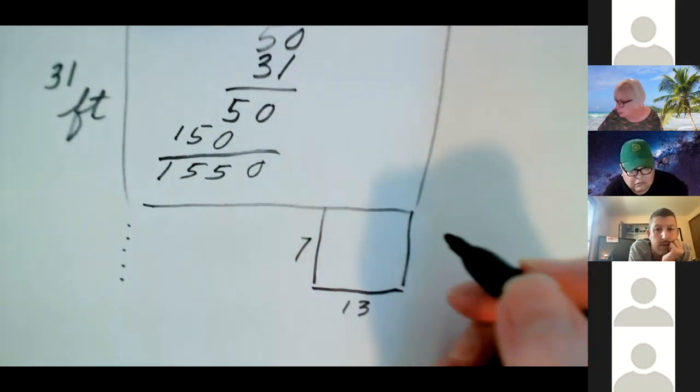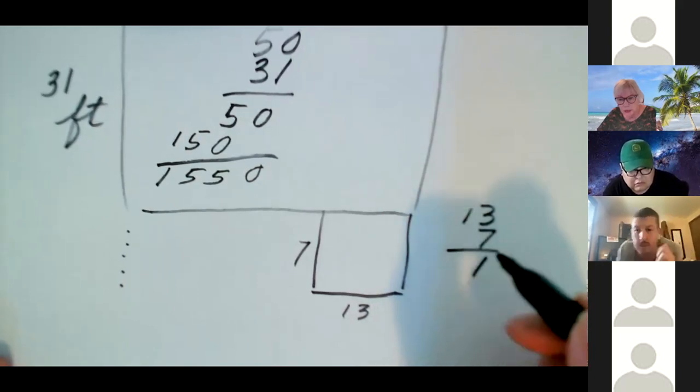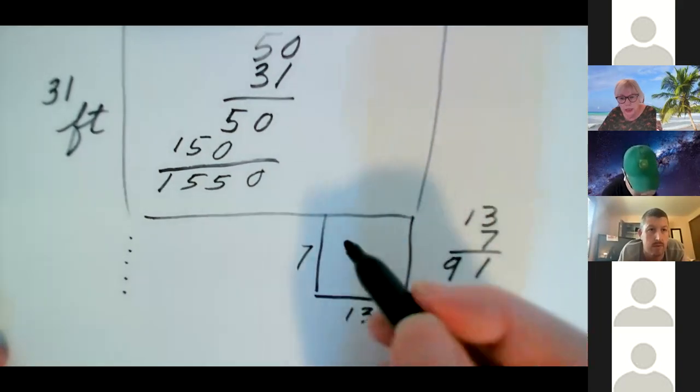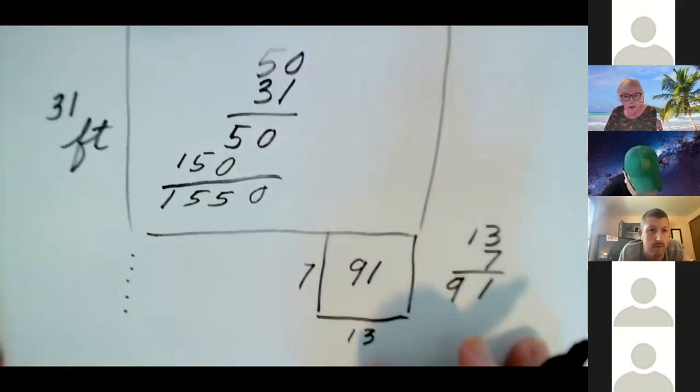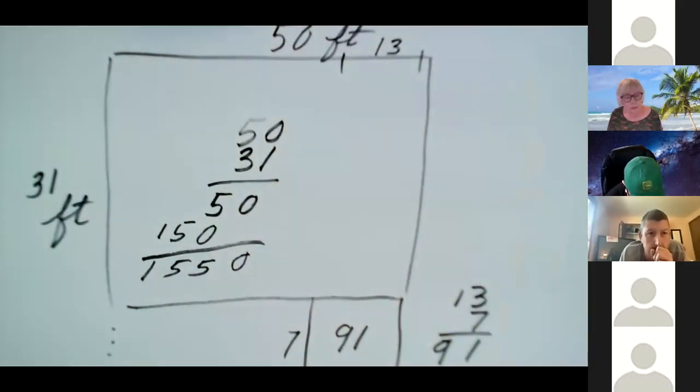So what I need is 7 times 13. That's 91. So if this is 91 square feet, and this is 1550 square feet, what's the area of the whole house? What do I do?